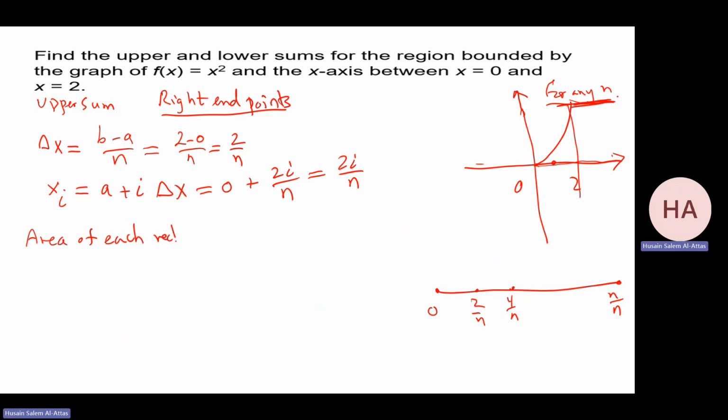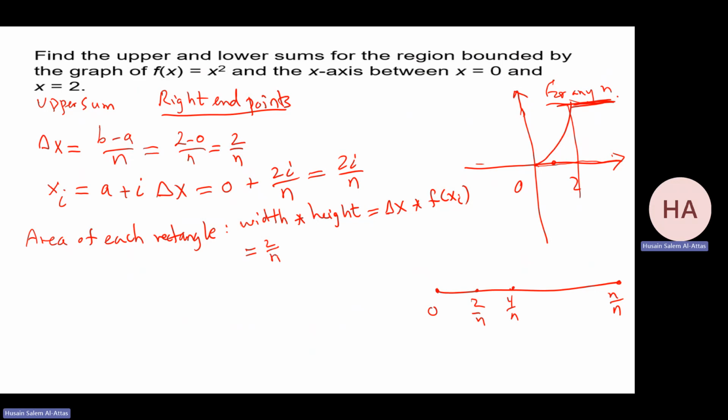Let me do it in steps. The area of each rectangle will be width times height. What is the width? The width is delta x. What is the height? F of xi.